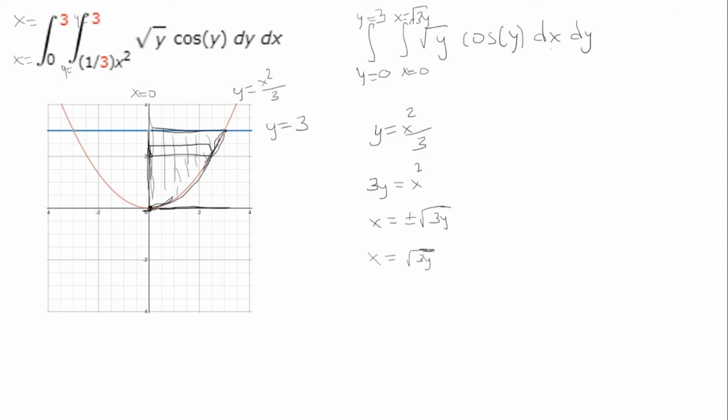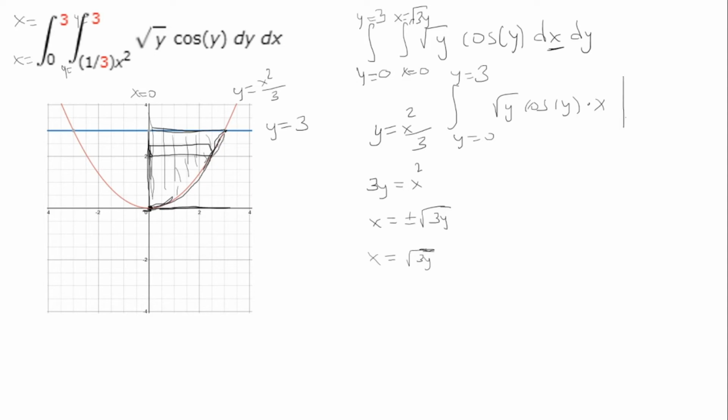Okay, so first we're going to integrate with respect to x. So square root of y cosine y, you can treat it as a constant. So the antiderivative of a constant is a constant times x or y, depending on what you're integrating with respect to. So we can treat this as square root of y cosine y times x, and then we're going from y equals 0 to y equals 3.